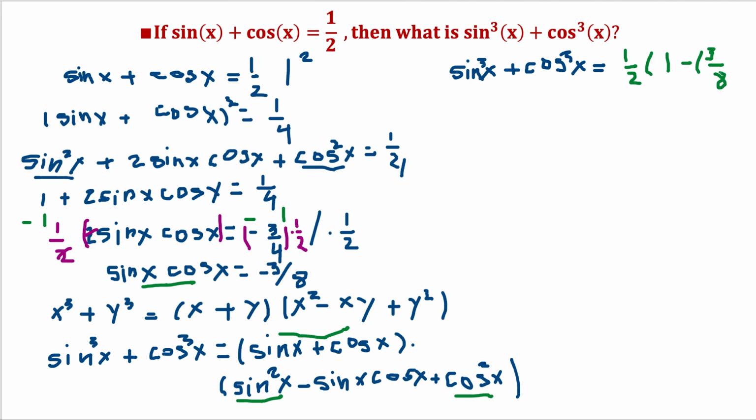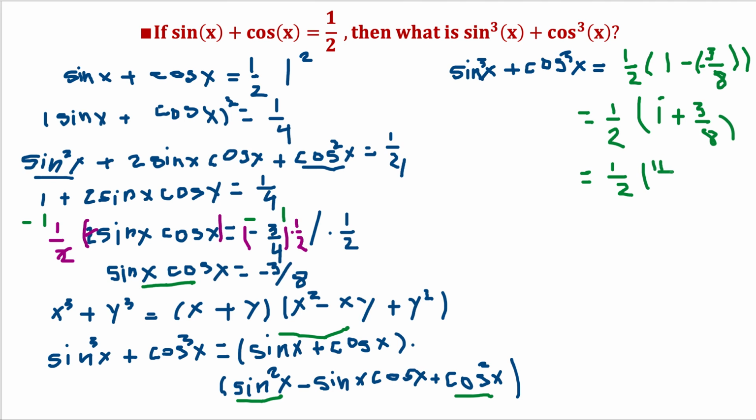And now we are looking at what we can get. So here, 1.5 is 3 over 2, and this is going to be 1 plus 3 over 8, because a negative times a negative is a positive. 8 over 8 is 1, plus 3 is 11 over 8.